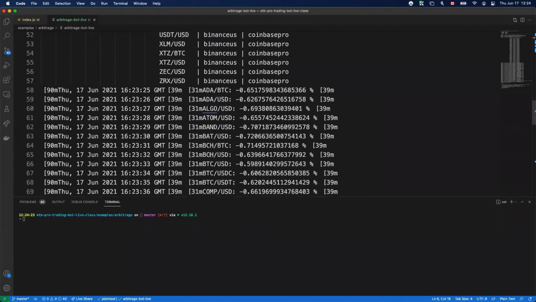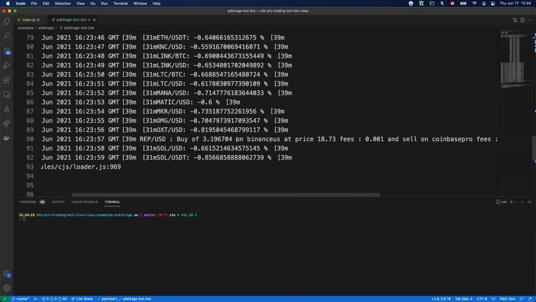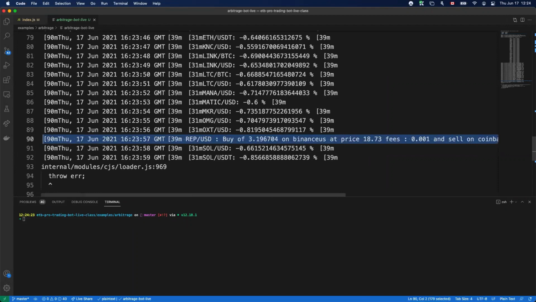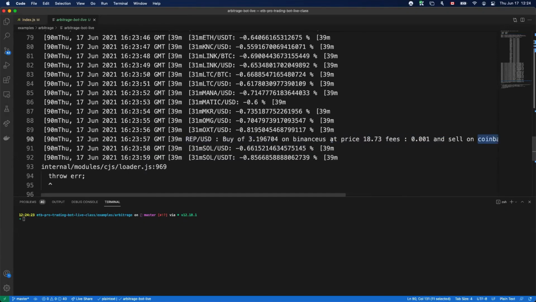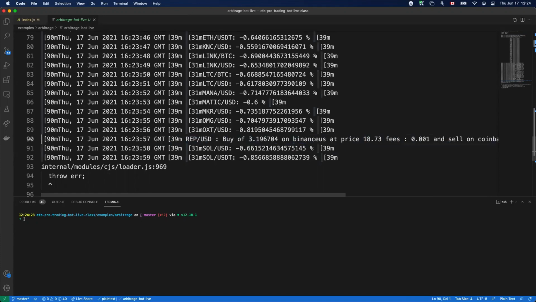It's the same data between Binance and Coinbase Pro, and we are just looking for some arbitrage. Currently there is an arbitrage opportunity going on between Binance US and Coinbase Pro. So either you can go to Binance and Coinbase Pro and do it manually, or you can execute it using the arbitrage bot as well.